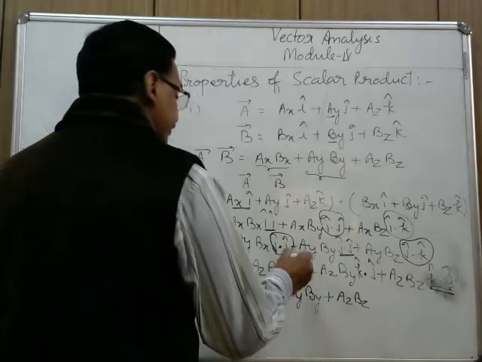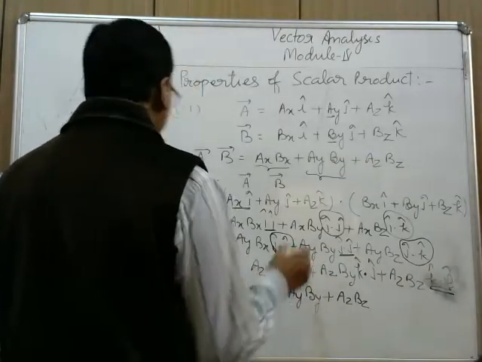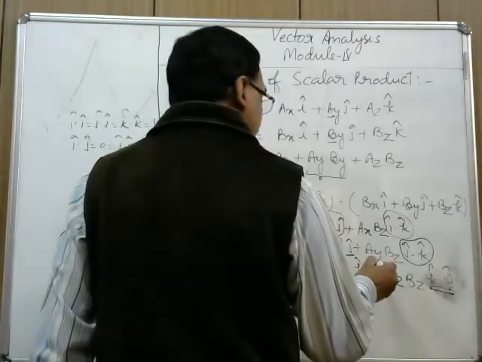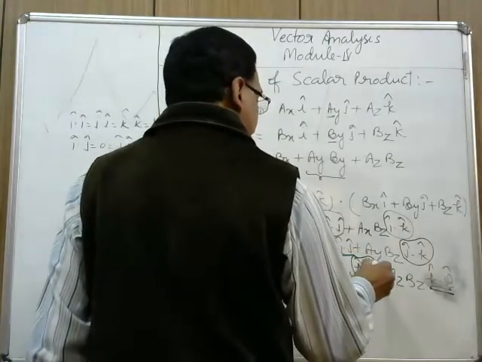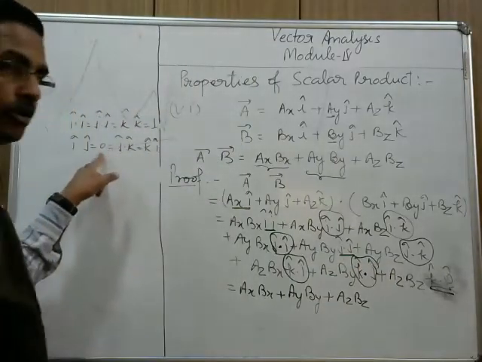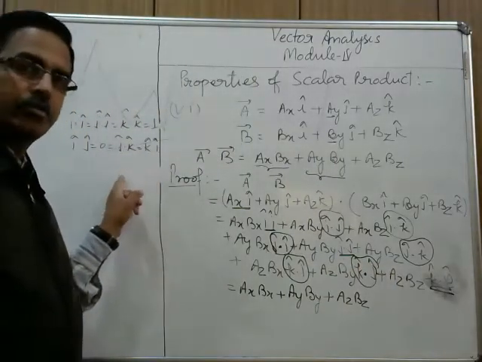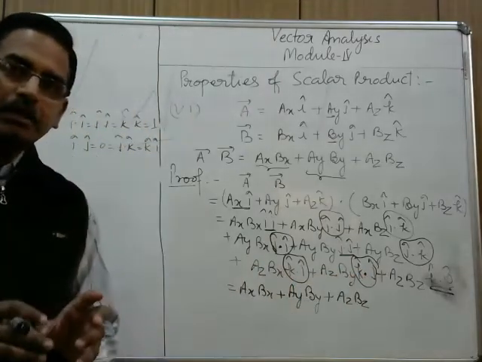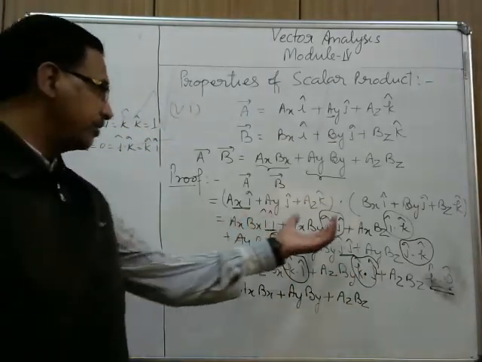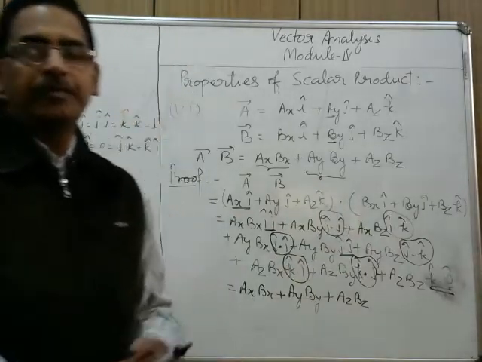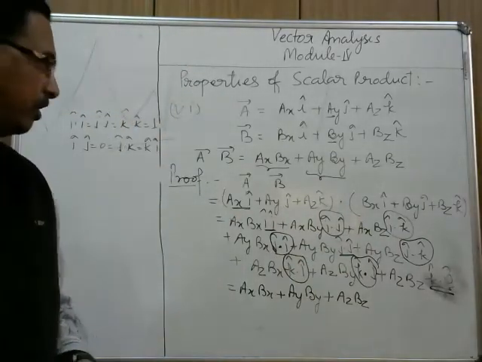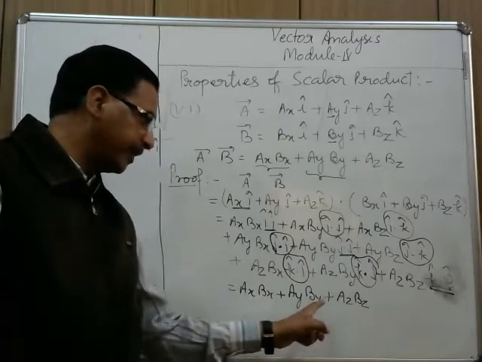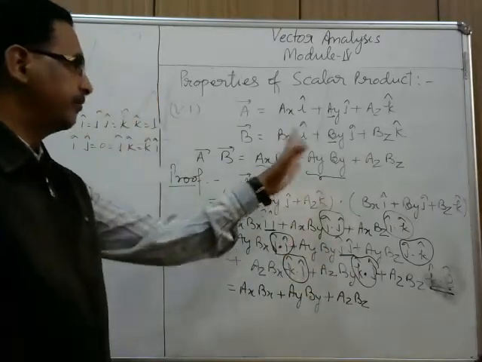K dot i is also 0. Then finally, this term, k dot j. Since j dot k is 0, by commutative law, k dot j will also be 0. Since their product value is 0, all these terms when multiplied by 0 will give us 0. And that's why A dot B is equal to Ax Bx plus Ay By plus Az Bz.